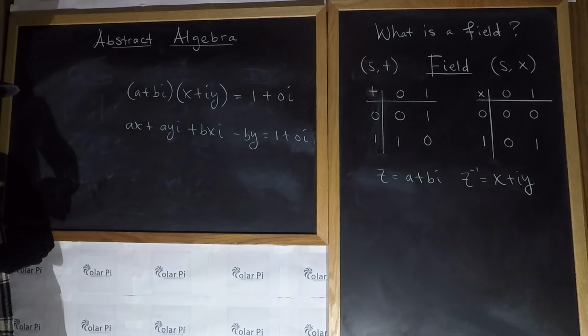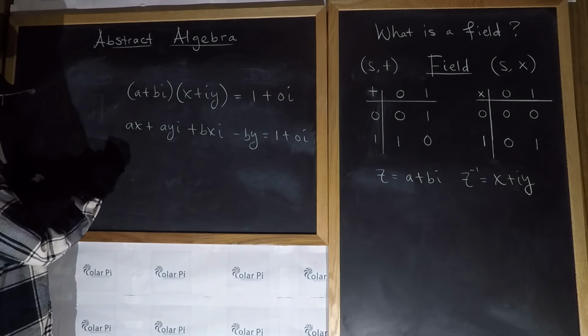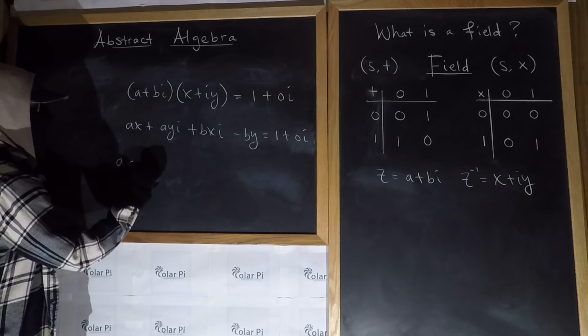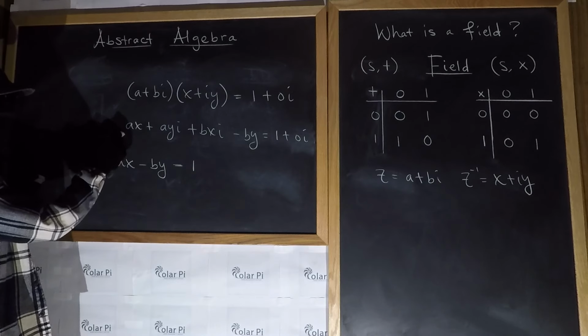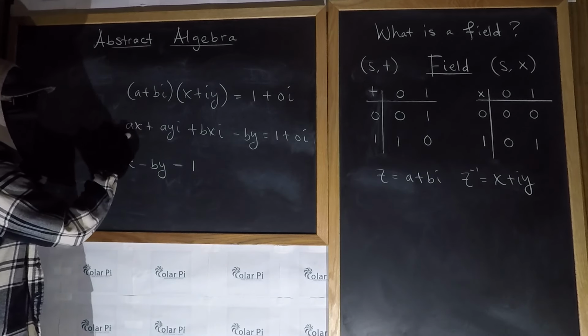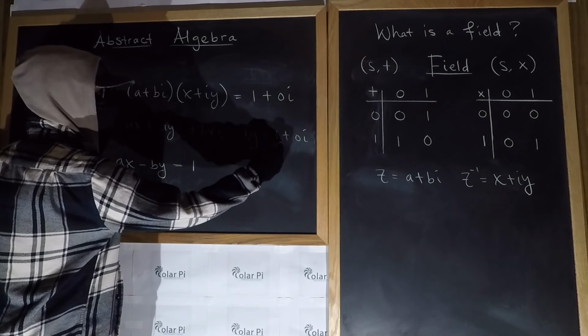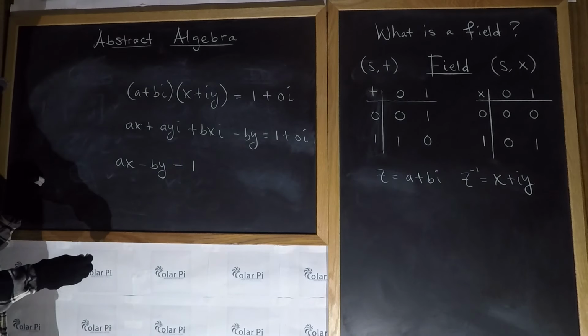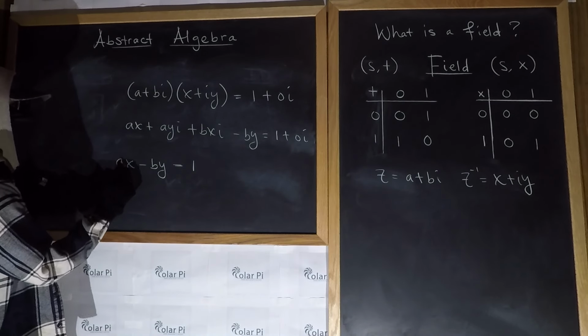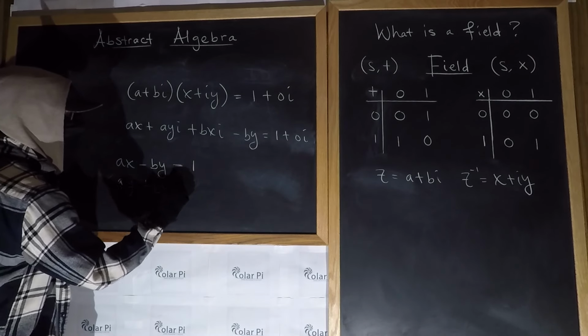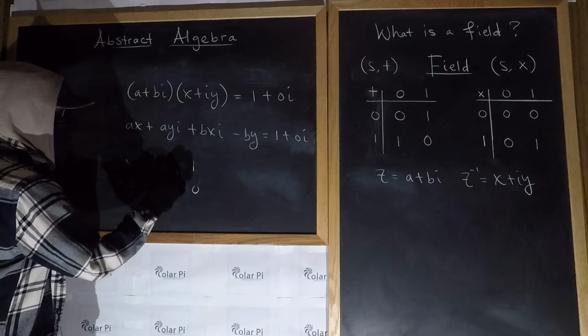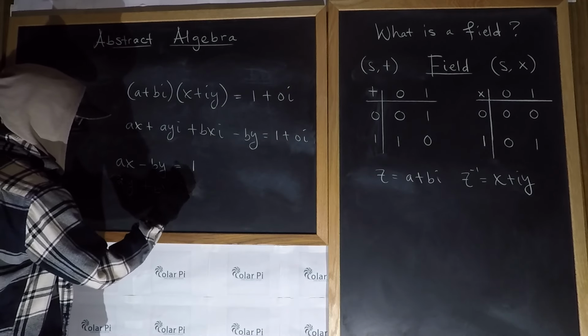So that means that ax minus by needs to equal 1. The real part of the left side needs to equal the real part of the right side, which is 1. And then ay plus bx needs to equal 0, so the imaginary part needs to equal the imaginary part.